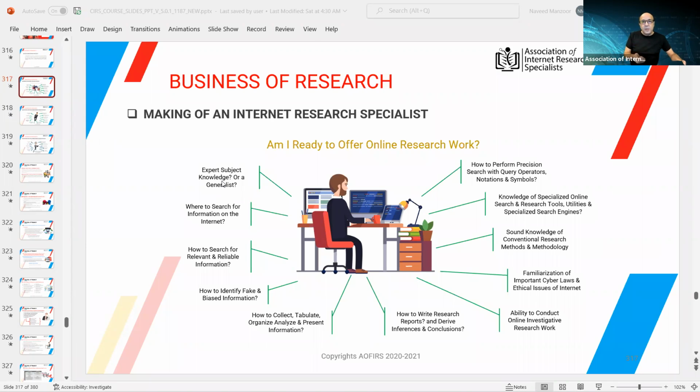Or you could be a generalist, which means that you know how to do research, you have that critical bent of mind, you have all the soft skills and the hard skills to look for anything under the sun, especially if it is online research, then you are a generalist. That positioning you have to do, and package your services. So that's what the client is going to look at, so where you're coming from.